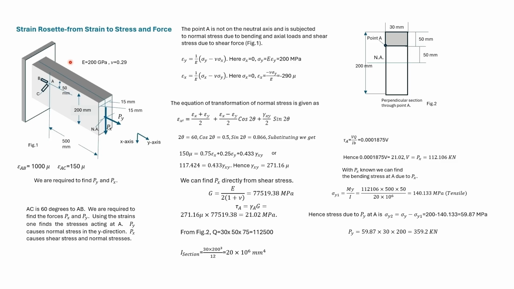Consider a section perpendicular to the centroidal axis of the beam and passing through the point A. Due to Px, the section will be subjected to shear force. Also, due to Px, the section will be subjected to bending.